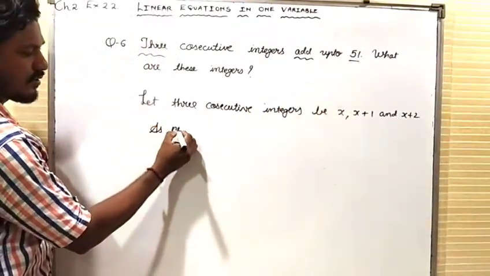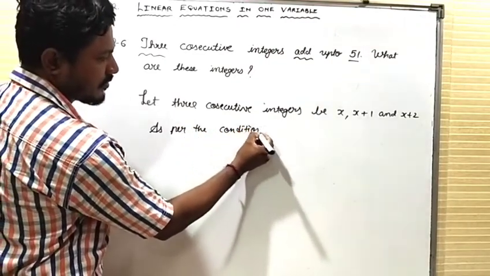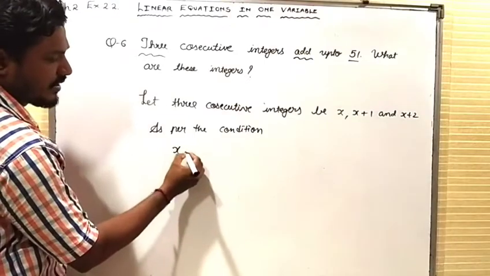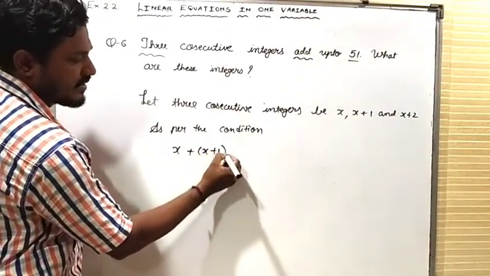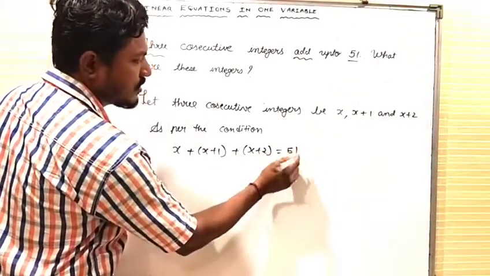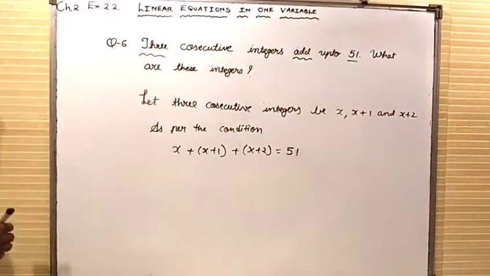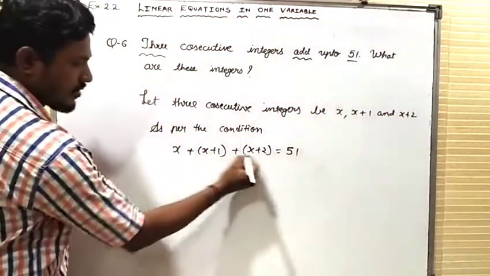Therefore, as per the given condition, when the three consecutive integers are added, we get a total of 51. Now resolve the bracket.